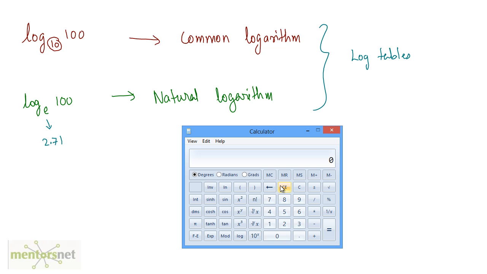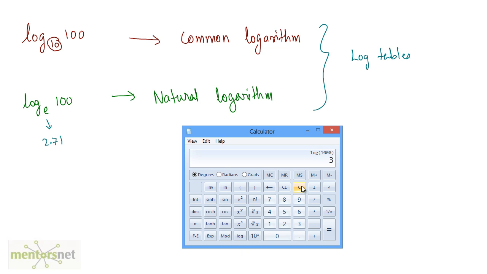Now if you use a calculator, you may find two buttons related to logarithms. This log button is for calculating the common logarithm of any number, and this ln button is specifically used to calculate the natural log of any number. So if I calculate the common logarithm of 1000, it should give me 3, because the base of a common logarithm is 10 and 10 raised to 3 is 1000.